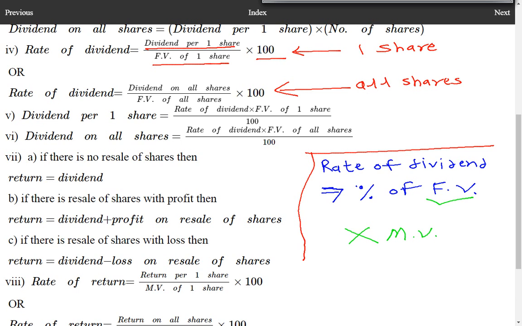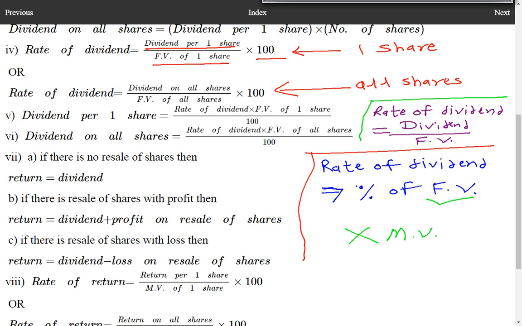Further, note that the basic formula is rate of dividend is equal to dividend upon face value into 100.